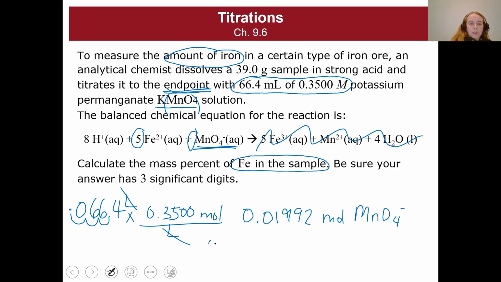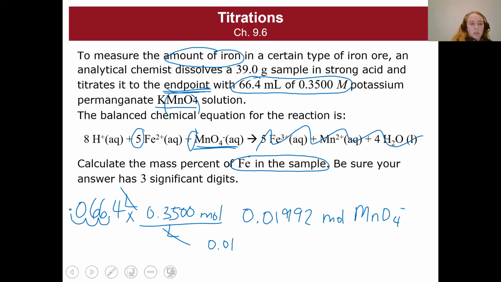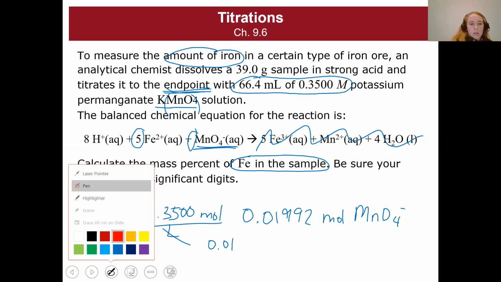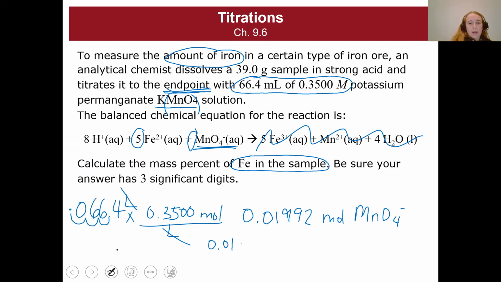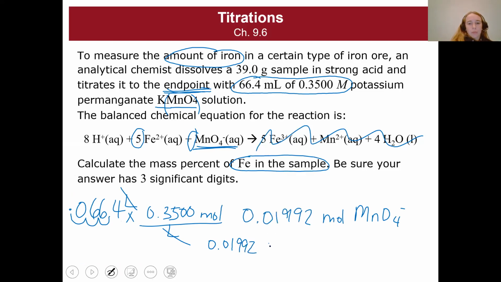Okay, so 0.01992 moles of permanganate times this mole ratio.